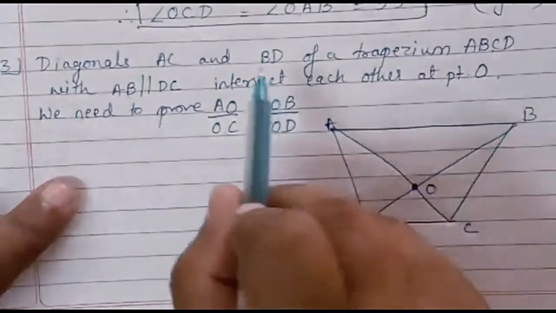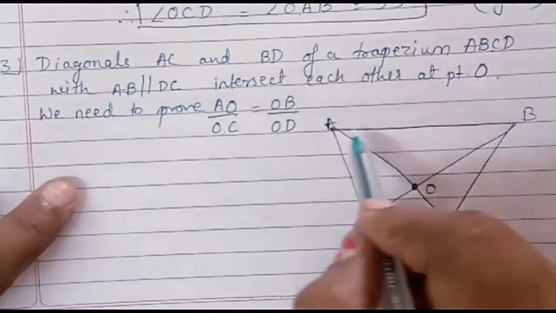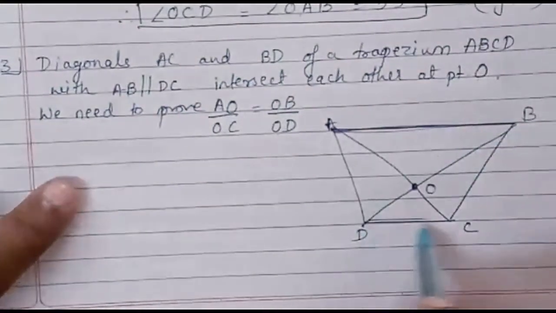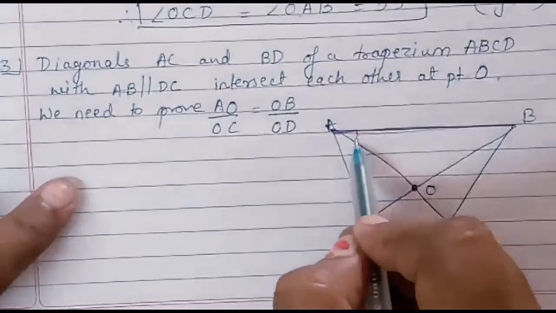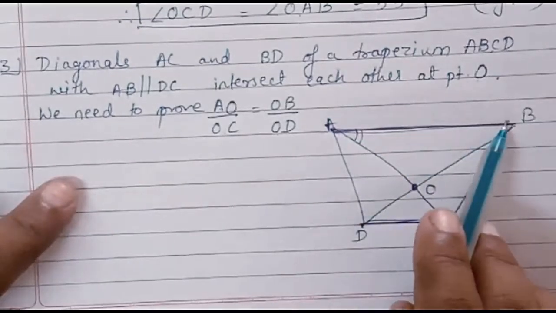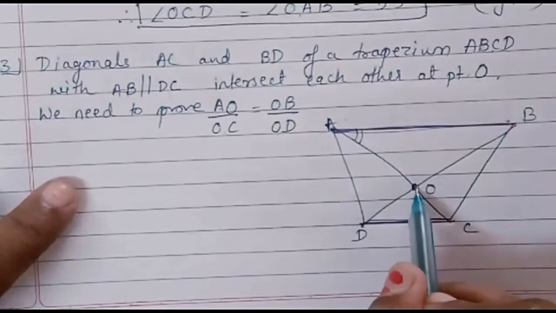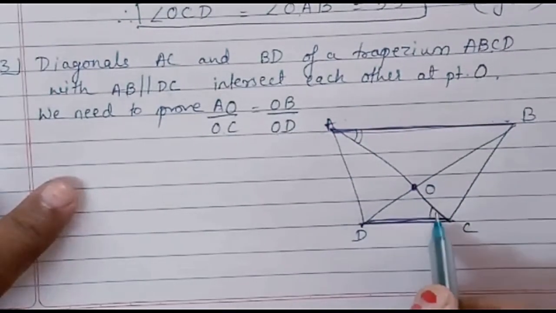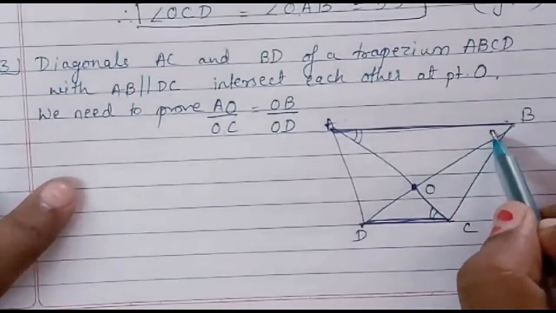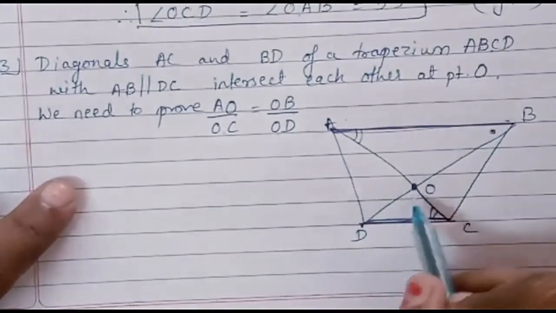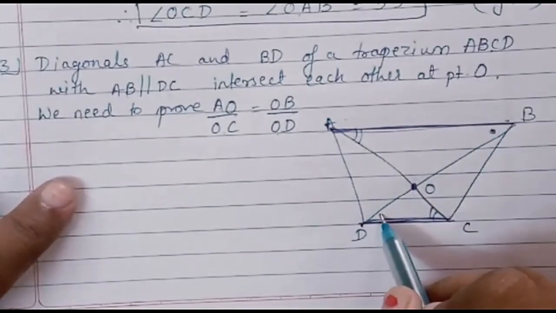Now this is quite simple. As AB and CD are parallel, can I say angle A, that means angle BAO, is an alternate pair for angle OCD. In the same way, angle B, meaning angle ABO, will be an alternate pair for angle ODC.